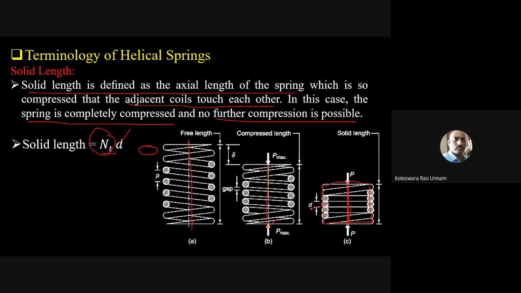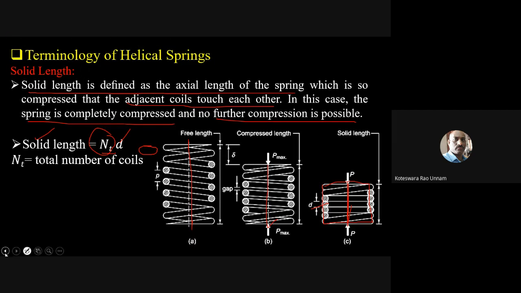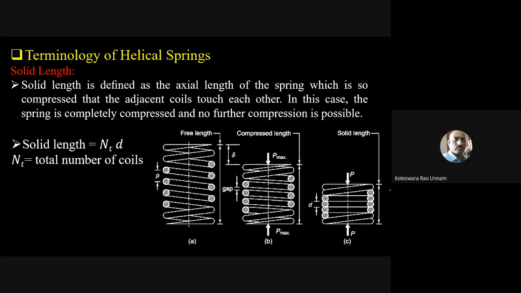Diameter is nothing but the wire diameter. You get the solid length. So if you want to calculate the solid length, you need to count the total number of coils and multiply that by the wire diameter.